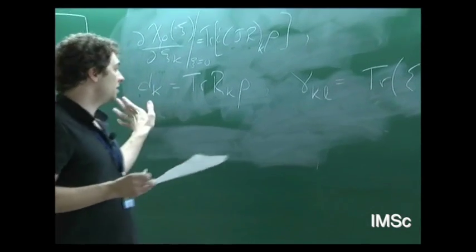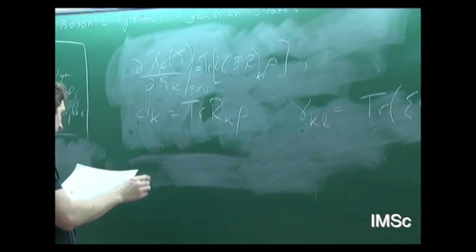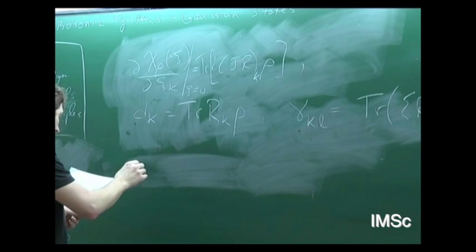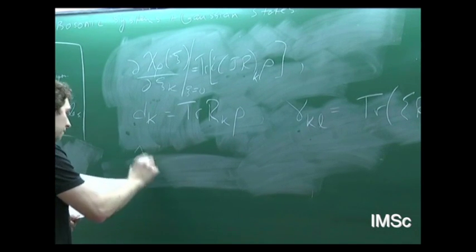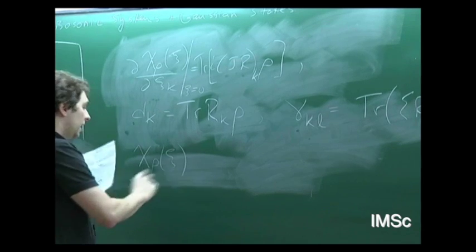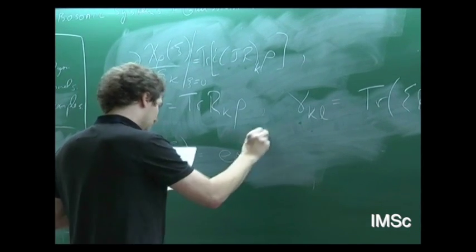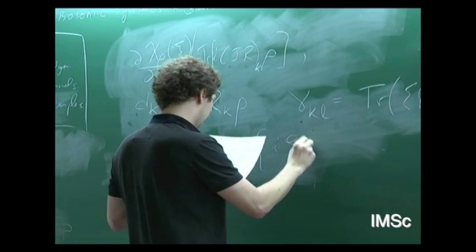Okay, so now if we have a displacement vector d and a covariance matrix gamma, and the state's characteristic function is a Gaussian, we can actually express the characteristic function explicitly as chi sub rho of psi equals this.